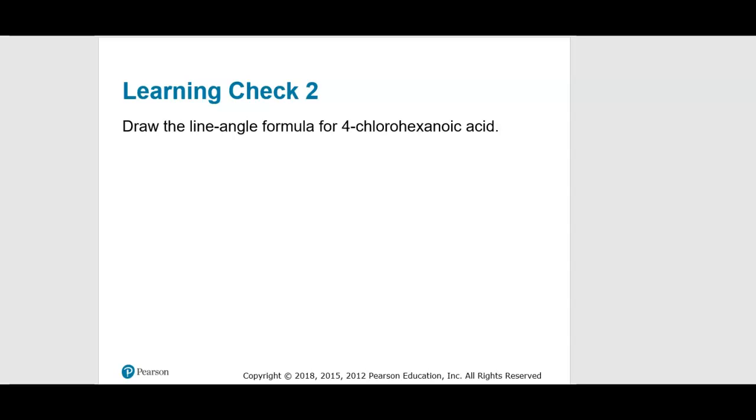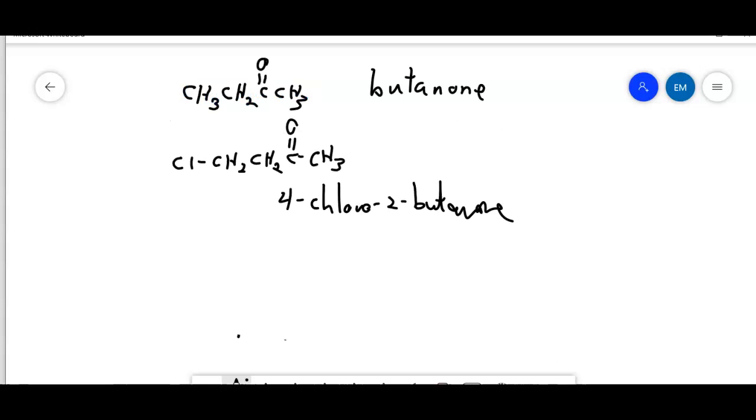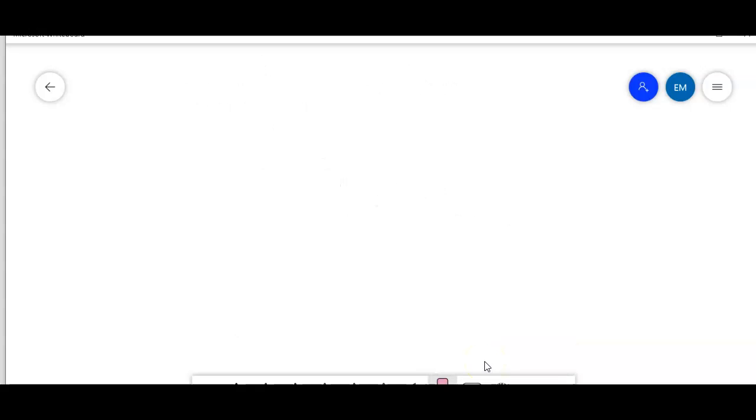And we need to draw a line angle one for 4-chlorohexanoic acid. So let's do that. Let's get out the whiteboard. You see I was finishing up that other section there. This one looks like it should be easy.